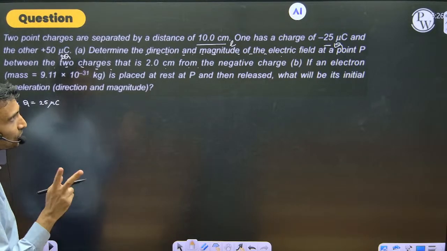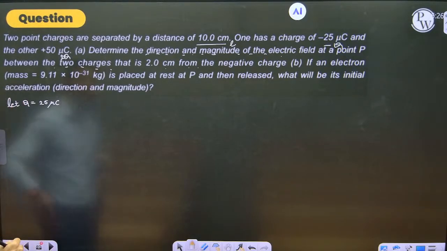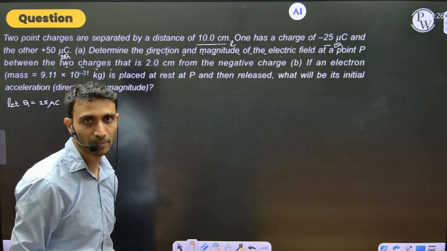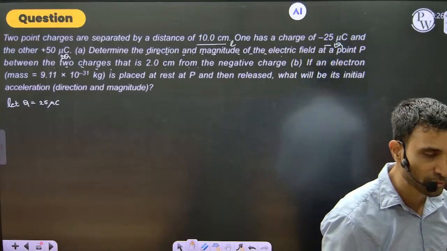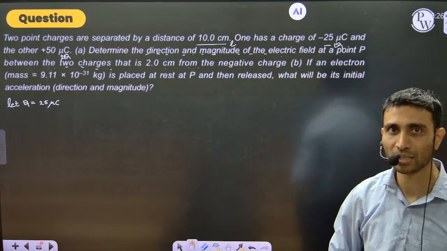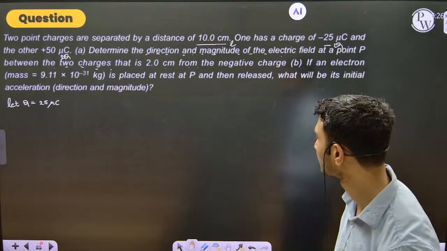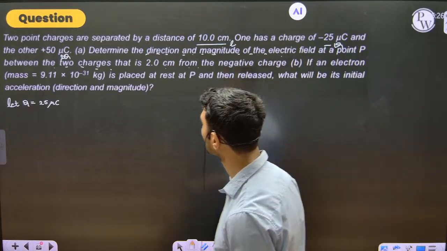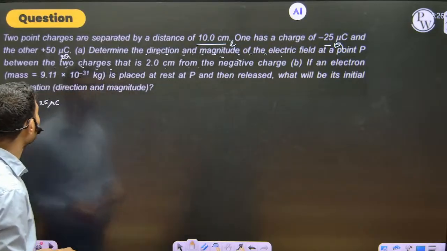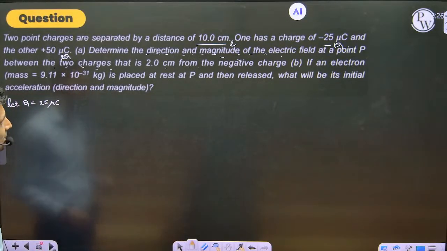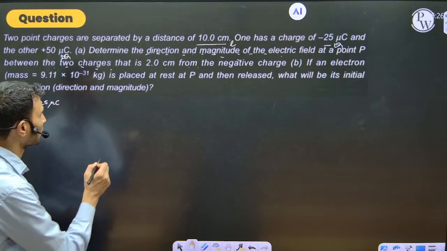So they are saying that there are two charges, 2q and minus q. Distance between them is how much? L. Determine the direction and magnitude of the electric field at point P between the two charges, that is 2 centimeters from the negative charge.